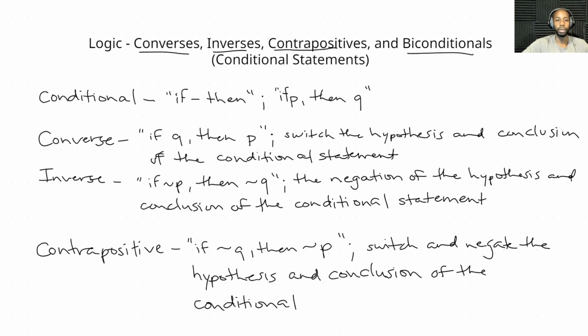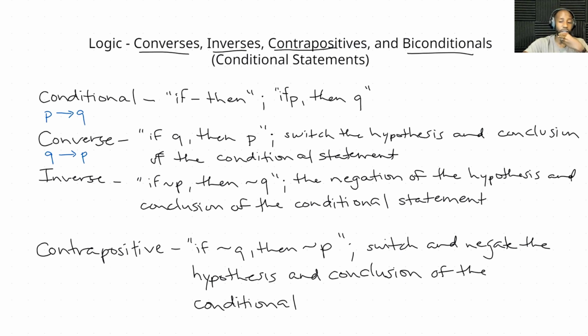Again, let me use a different color here so we can use the symbology. Conditional statement: if P, then Q. Converse statement: you switch the hypothesis and the conclusion, so if Q, then P. What about the inverse statement?